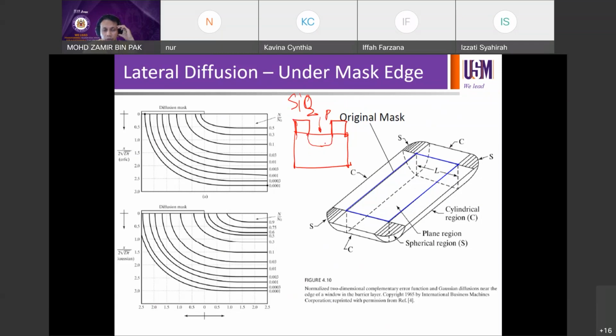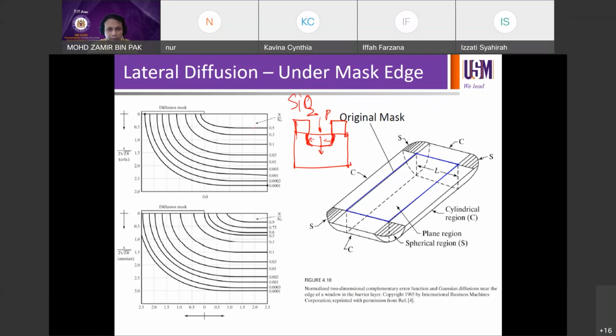So when you do the doping by diffusion, you will have a vertical component of diffusivity of the phosphorus, and at the same time you will also have a lateral component, a horizontal component. Lateral means horizontal. So that will lead to your profile being a little bit wider than intended, right? And they can go on the side as well.